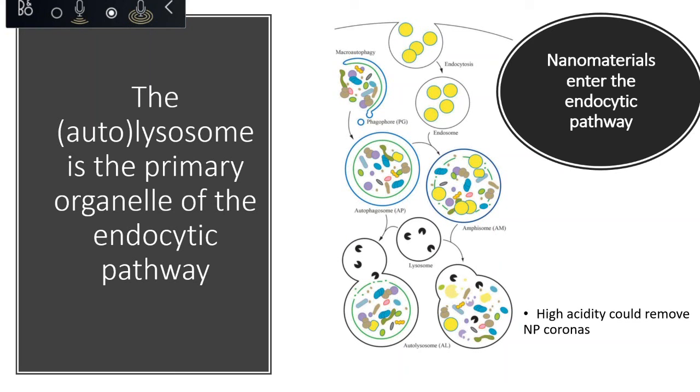Now, if we imagine nanomaterials entering this system, then they're most likely to be covered in a protein corona, which will be removed inside the autolysosome, exposing the bare nanoparticle.